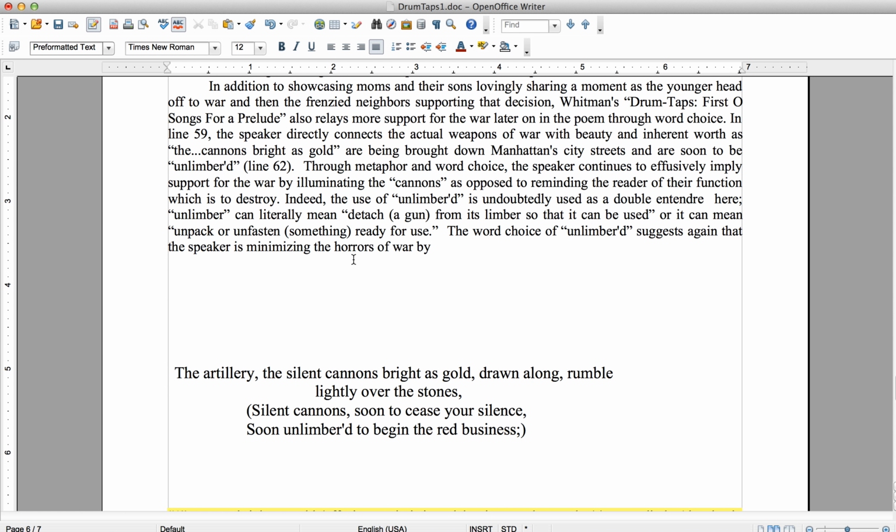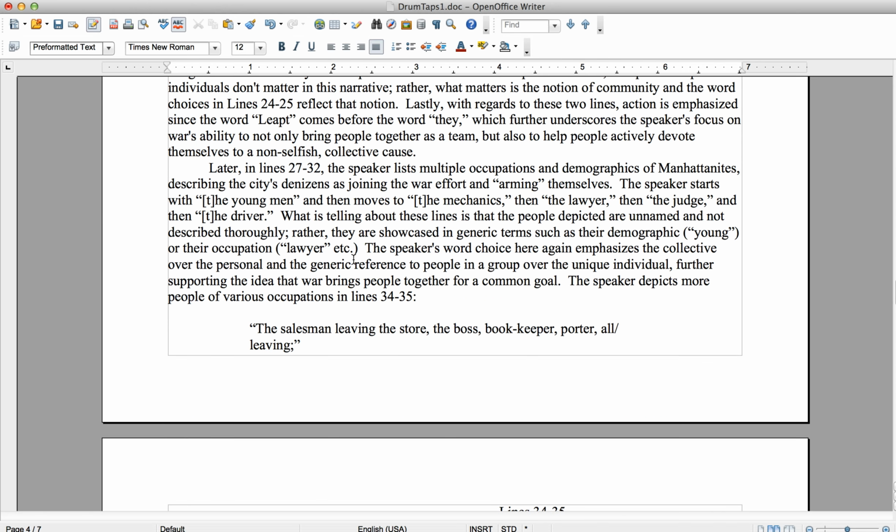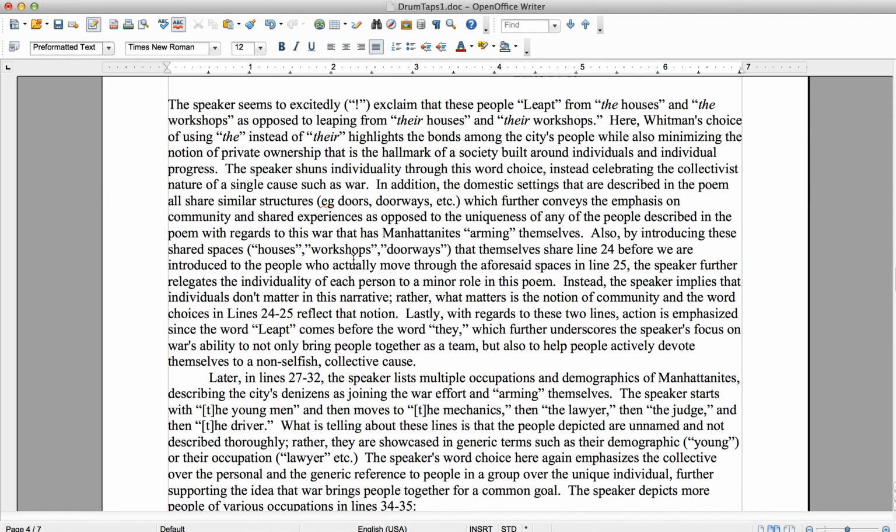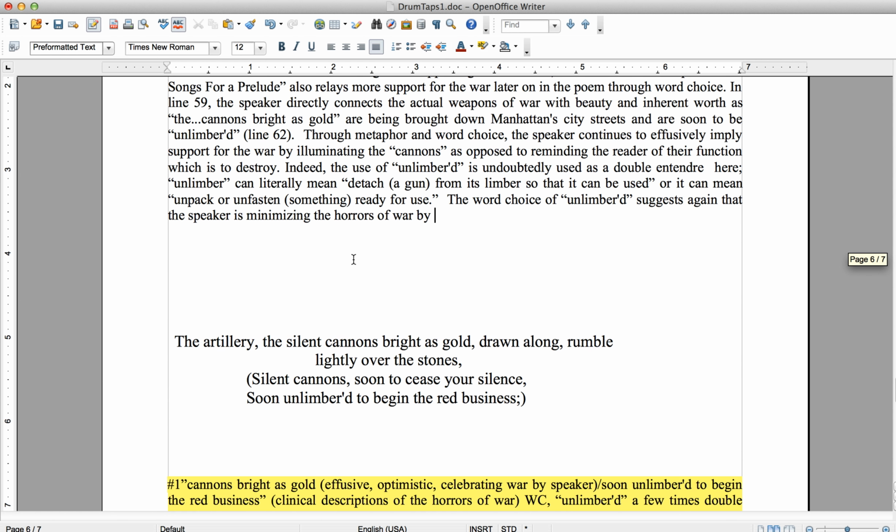Minimizing the horrors of war. And again, we want to go back to our thesis. Minimizes the atrocities of war. Let's talk about that a little bit.